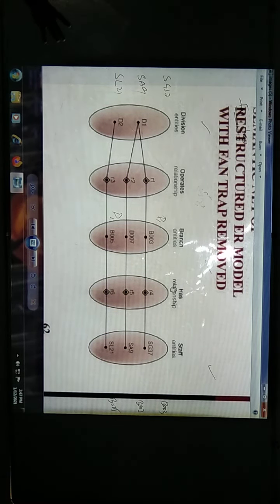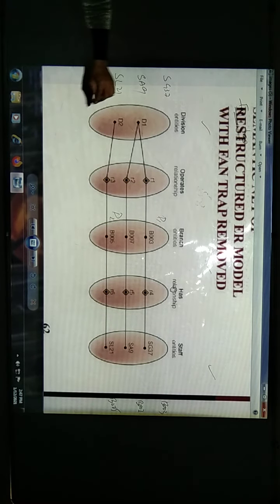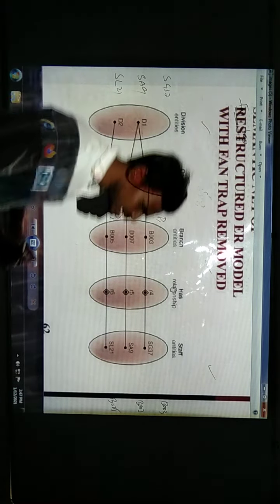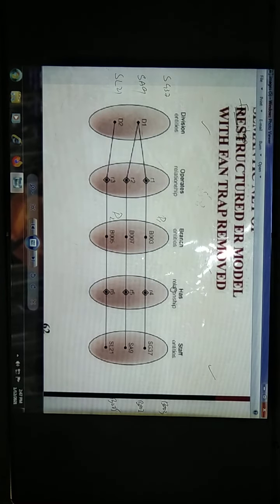I can say in order to not have any ambiguity, we need to overcome the problem called fan trap. In this way we will be solving the problem which is associated with your fan trap. But in a fan trap, you need to remember when you are going for many to one relationship, one to many relationship, sometimes the fan trap will occur, as we can see in this example.